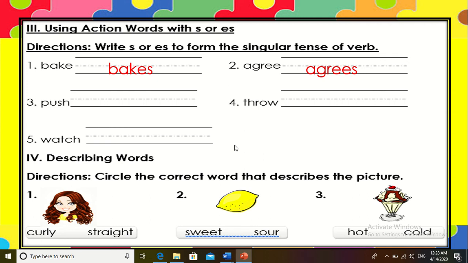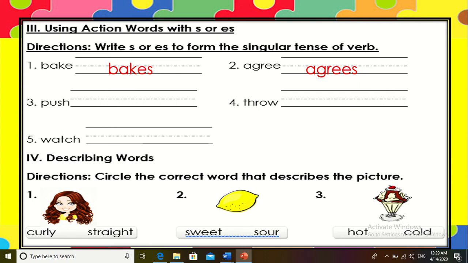Your time starts now. In 3, 2, 1, your time is up.